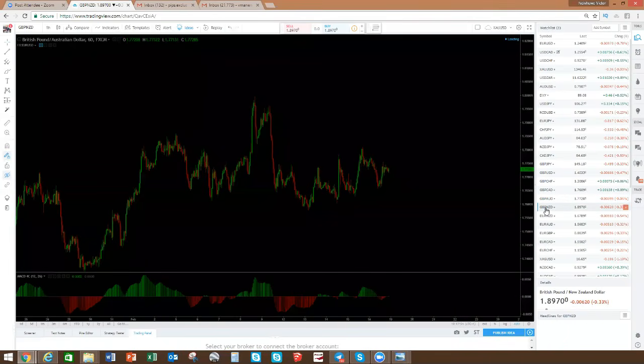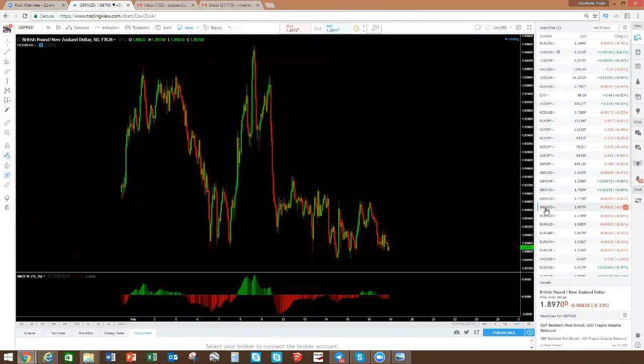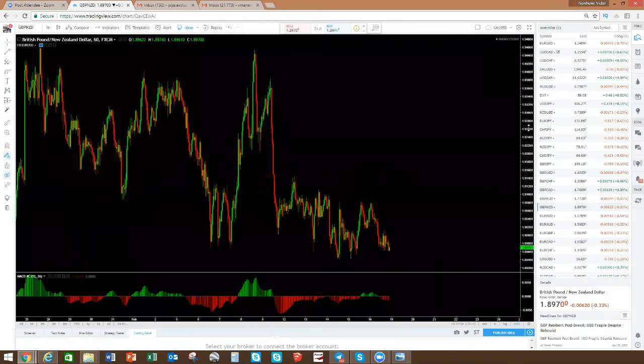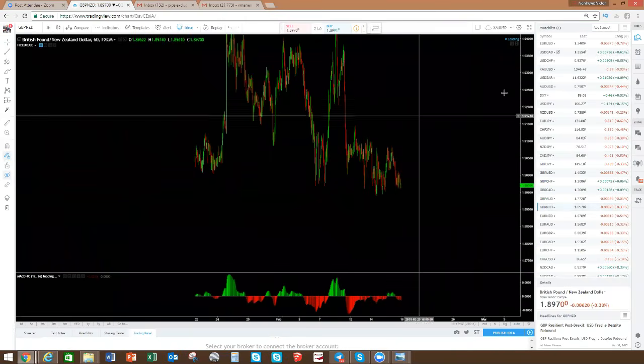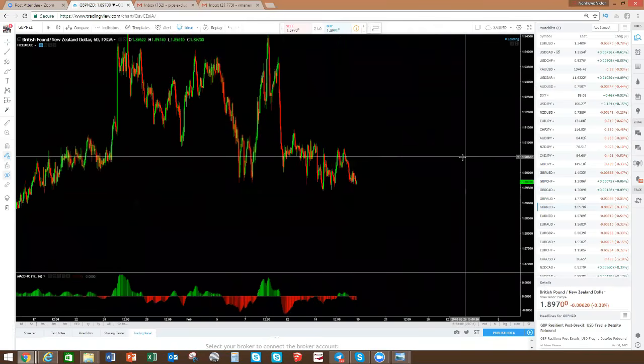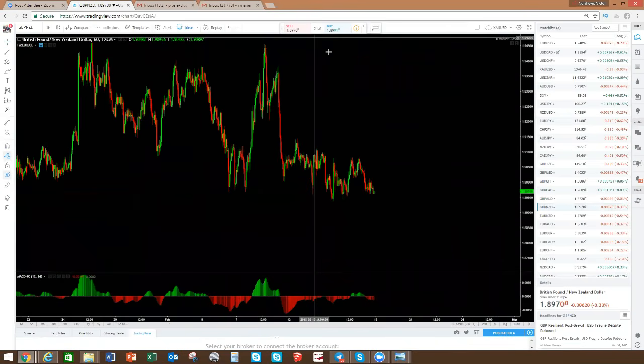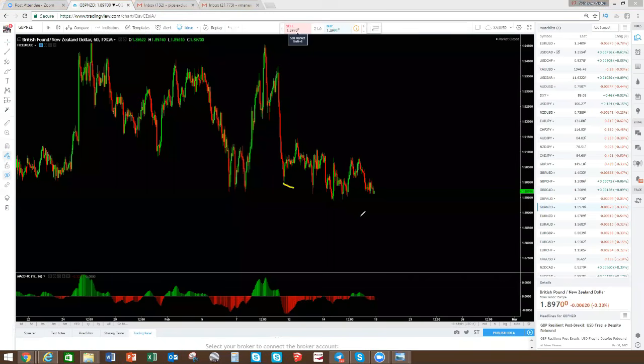Right, pound New Zealand. Similar, so pound New Zealand is giving us the V pattern. So we need to keep an eye on the corrective structure that it's going to give us here, because we've got an impulse.